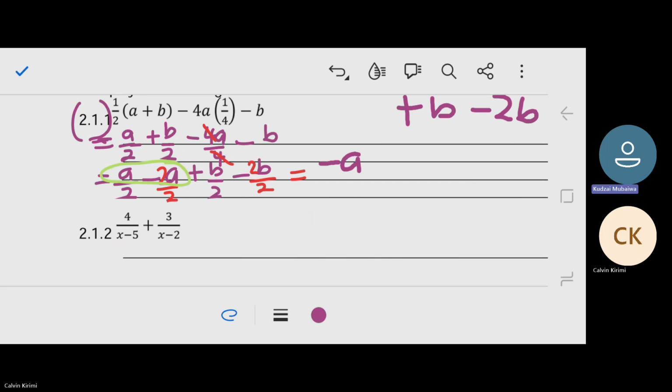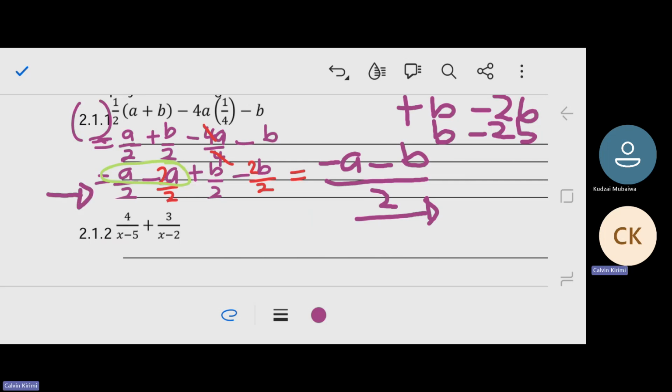Plus B minus 2B is the same as B minus 2B. What is B minus 2B? It's negative B. Yes, that's how you analyze these things. Negative B, everything over 2 because it's a fraction. That's why we changed everything to the same denominator.